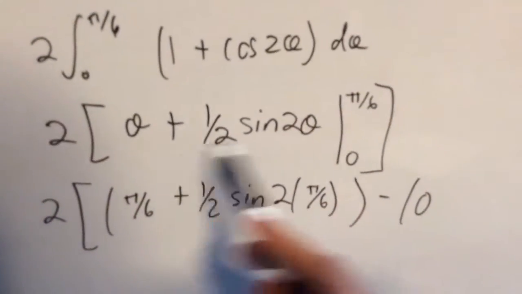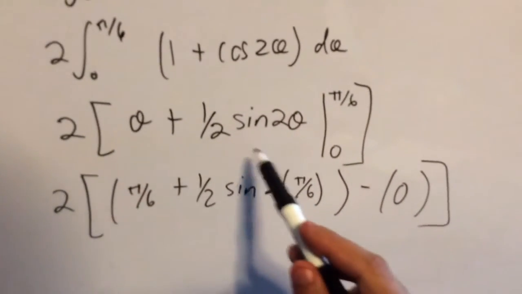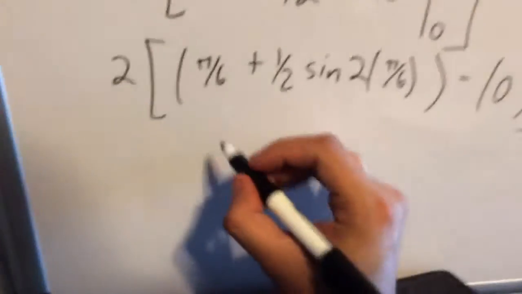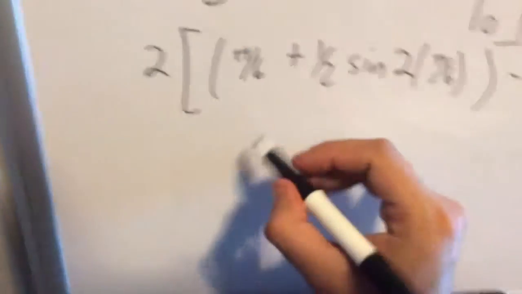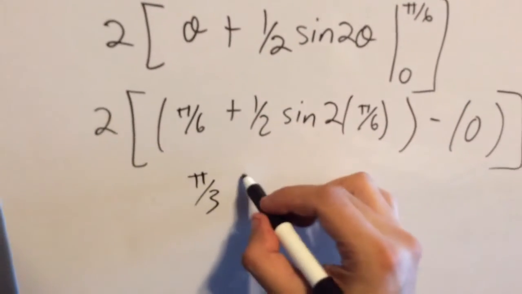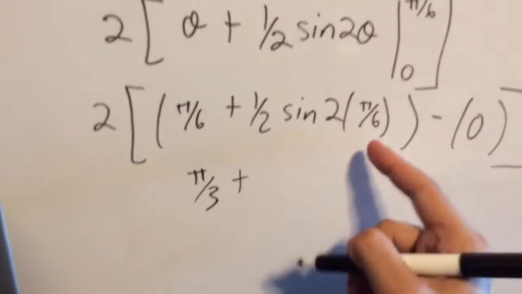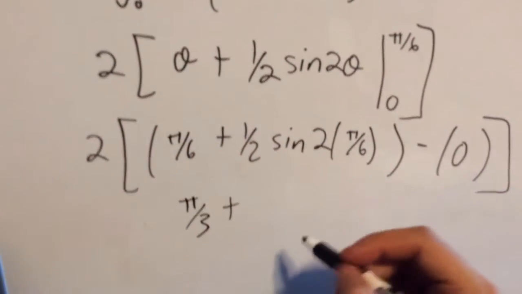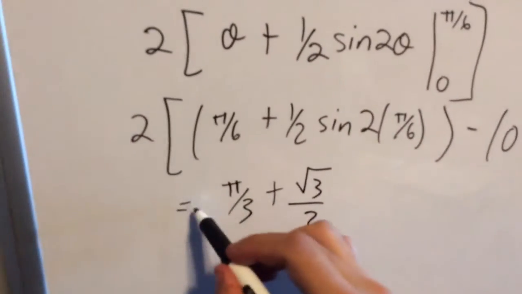The lower bound side is just 0, because 0 plus 1/2 sine 0 is just 0. Now we just distribute that 2. Distributing the 2 to pi over 6, we get pi over 3. Distributing the 2 to 1/2 sine 2 pi over 6, which is sine pi over 3, which is radical 3 over 2. And this is our final answer.